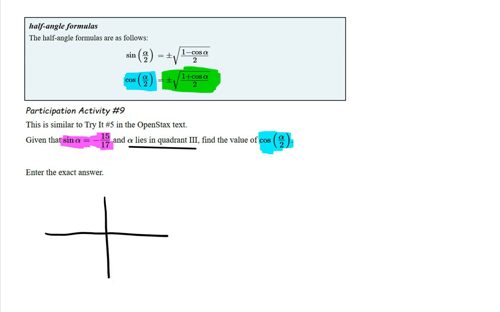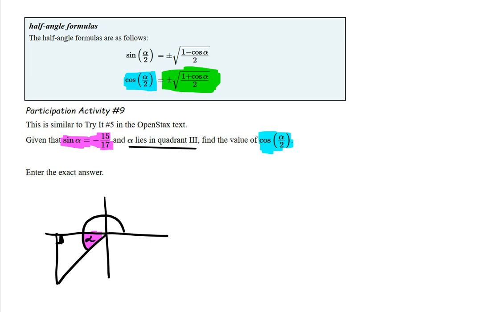So quadrant 3 means you rotate all the way here to quadrant 3, like that. And then if I draw in my right triangle to the x-axis, your reference angle is right here, whatever that angle is, this is my alpha.